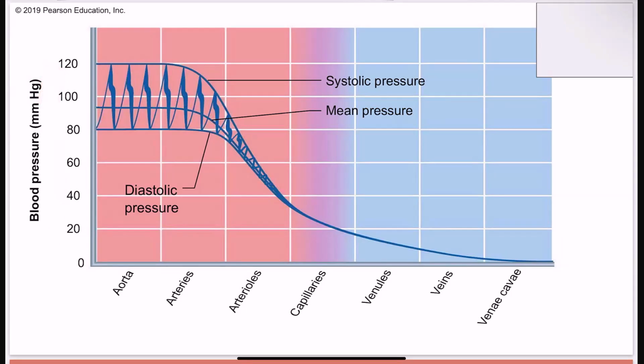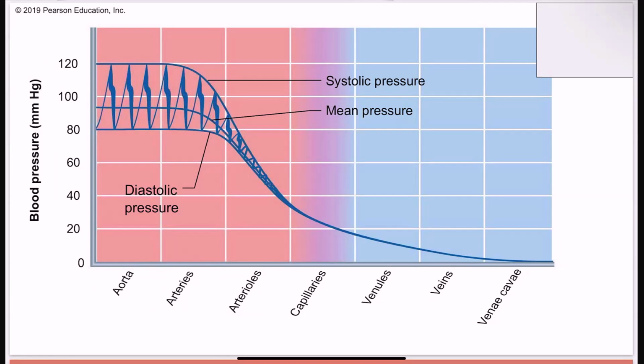But what I really want to draw your attention to is the x-axis. There's all these different vessels: the aorta, arteries in general, and then arteries get smaller into arterioles, capillaries, venules, little veins, and then lastly, the biggest veins, the vena cavae. We call them the vena cavas because I like that word better.